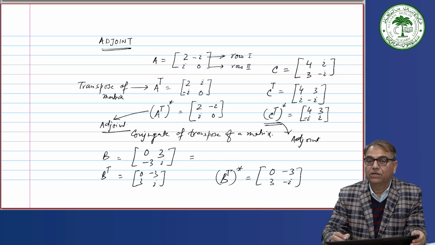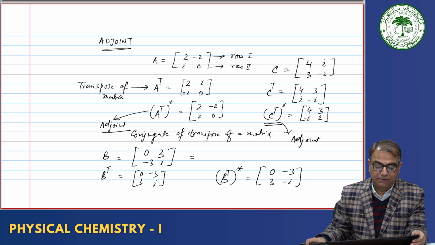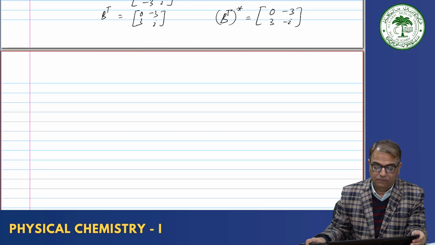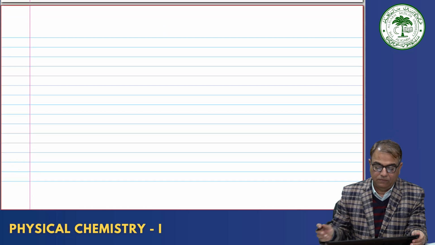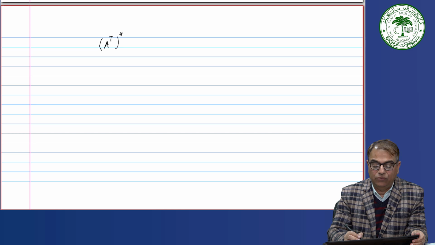We can apply this concept to the operator system in quantum mechanics. This adjoint of an operator, we can write it if we write the operator, its transpose and taking a conjugate.